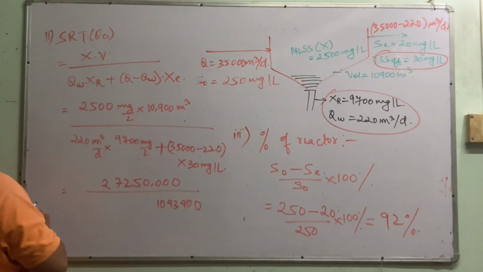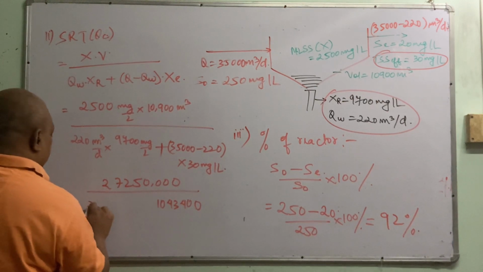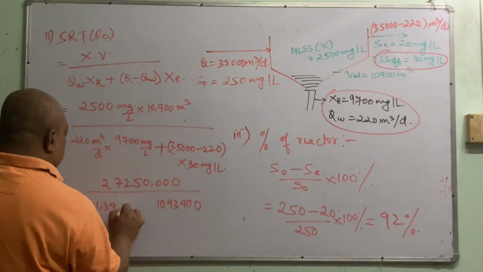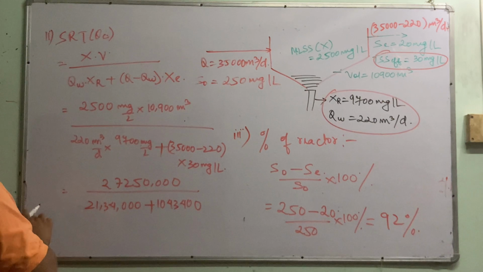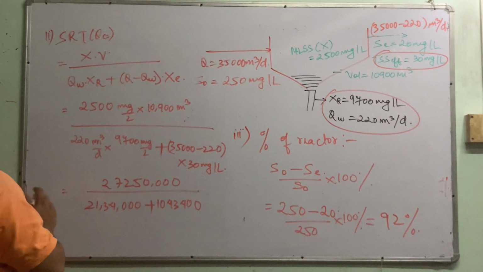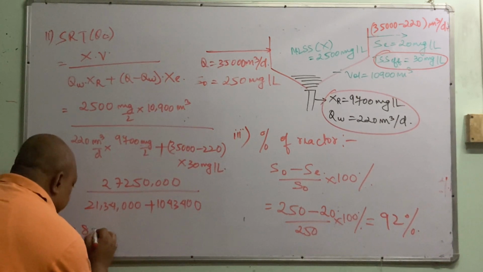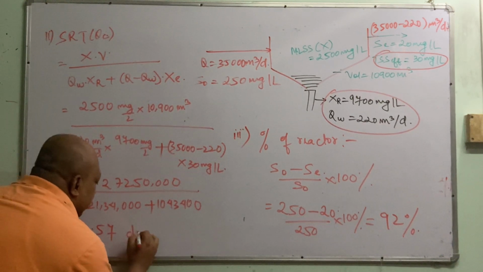This is 9700 into 220, which is 2,134,000, plus 1,043,400, equal to, and then divide the 27,250,000 by it, inverse. So this is 8.57 days.